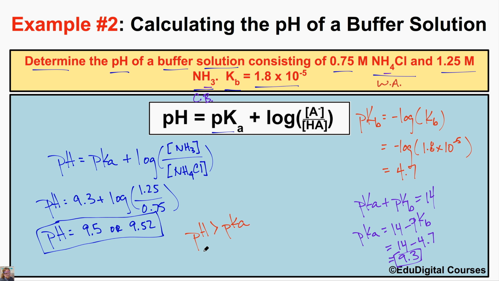And generally speaking, if the pH is greater than the pKa, that is going to be because the concentration of our conjugate base, in this case NH3, is greater than the concentration of the weak acid, NH4Cl. So yeah, this answer seems to make sense. So that is how we can determine the pH of a buffer solution when we're given the Kb value. Let's take a look at another example.